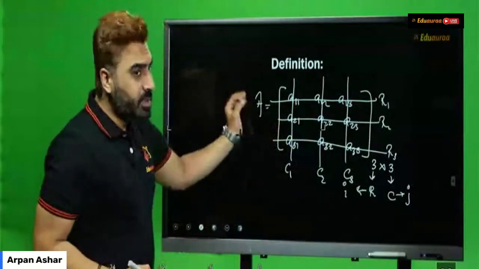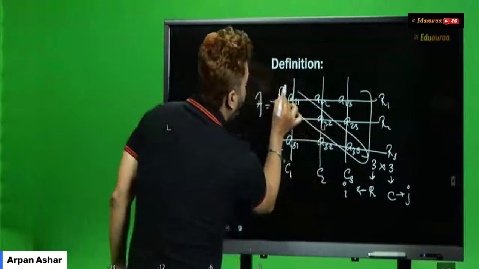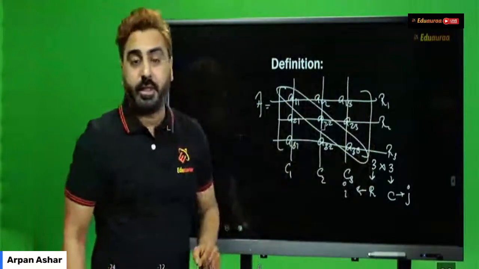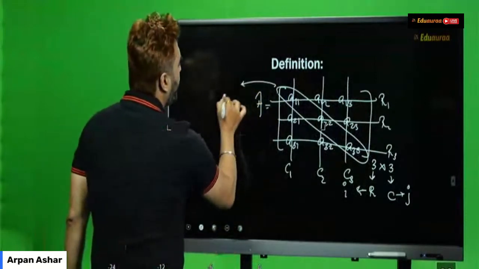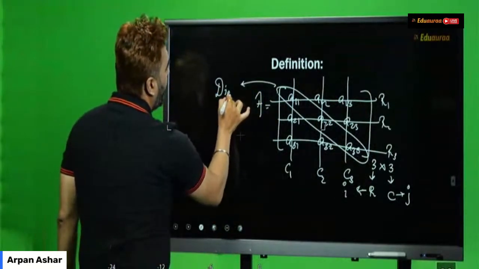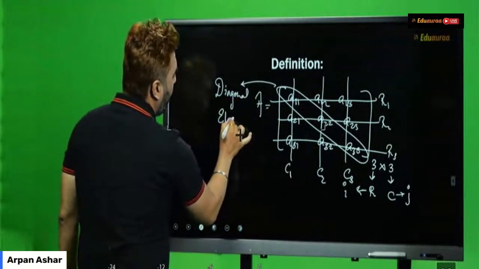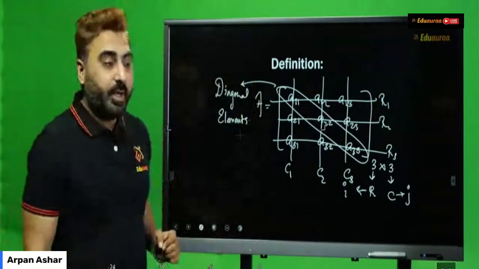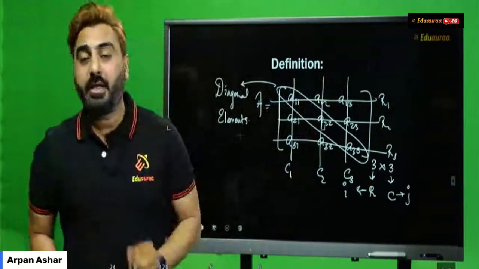Now students, in this matrix, A11, A22, and A33 are called diagonal elements, and the rest of these elements we call non-diagonal elements.